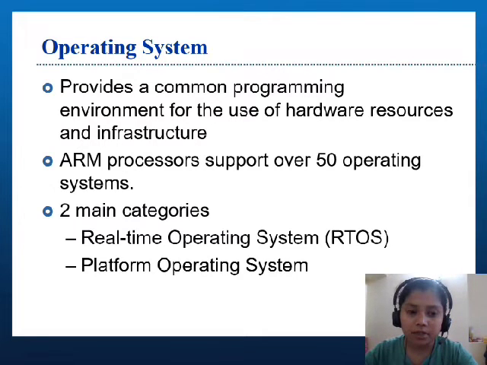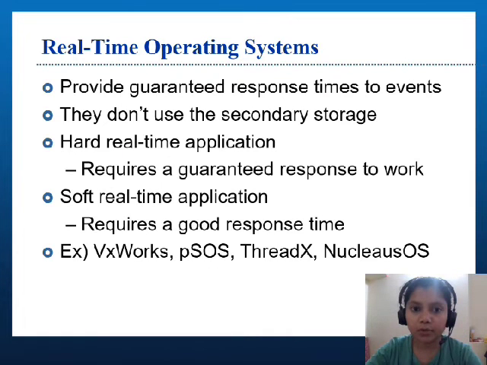Operating systems are mainly categorized into two. They are real-time operating system and platform operating system. So what is a real-time operating system? Real-time operating systems provide guaranteed response times. It is classified into hard real-time operating system, which is used in hard real-time applications that require a guaranteed response to work at all.